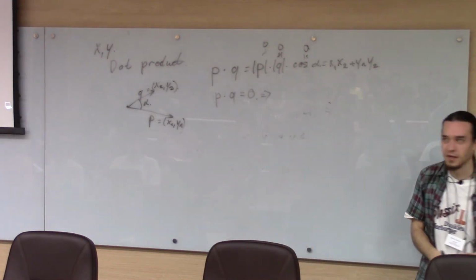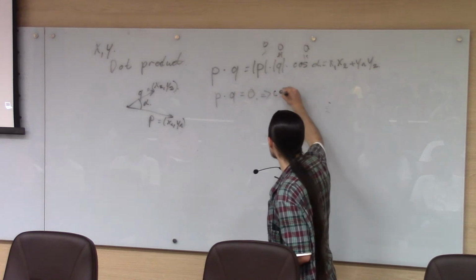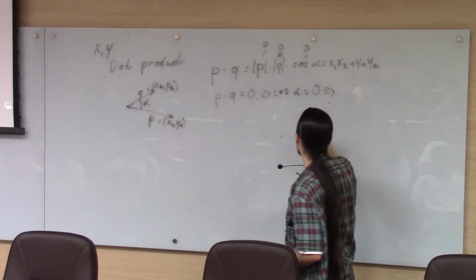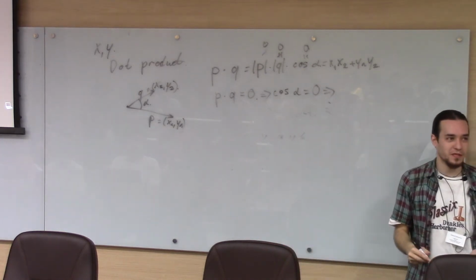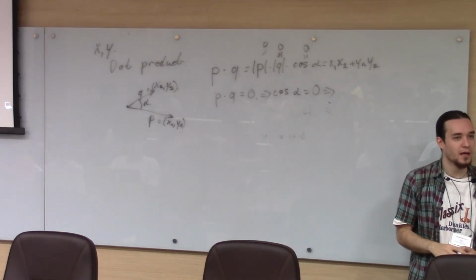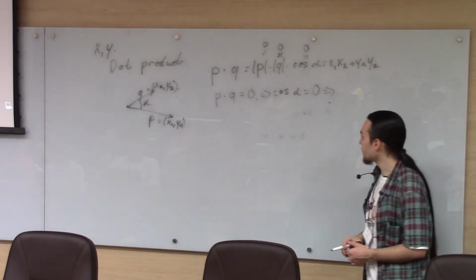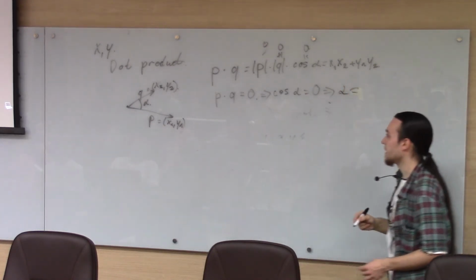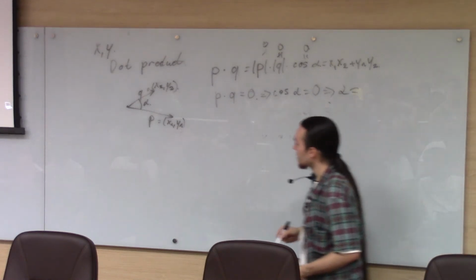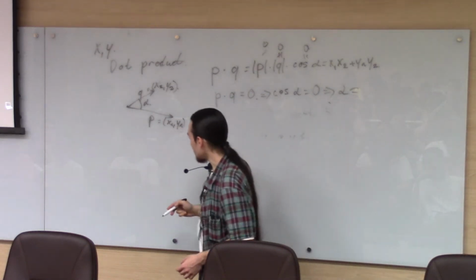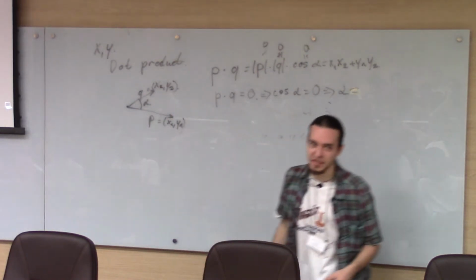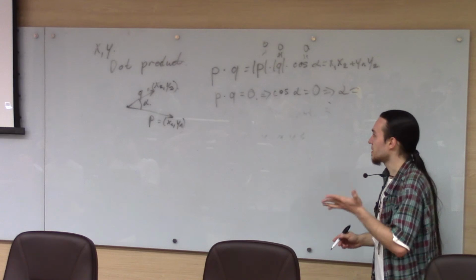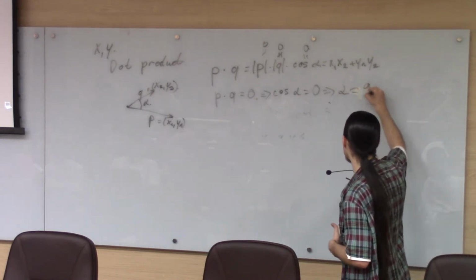So we have that the cosine of this angle is 0. Based on that, what can we say about the actual angle? Yes, the angle alpha, depending on the relative location, is 90 degrees.